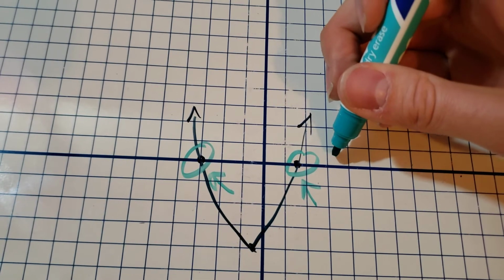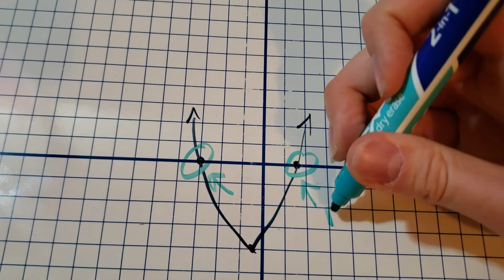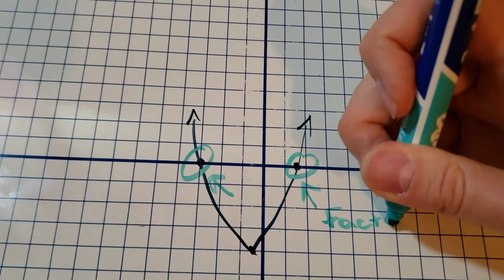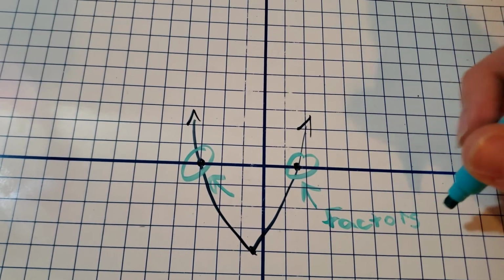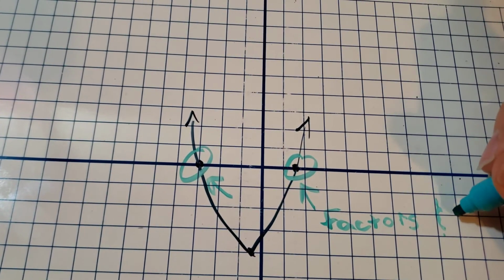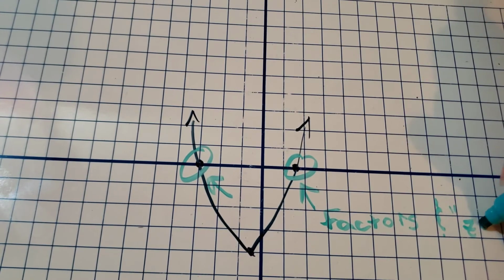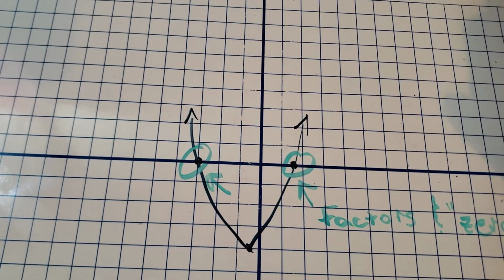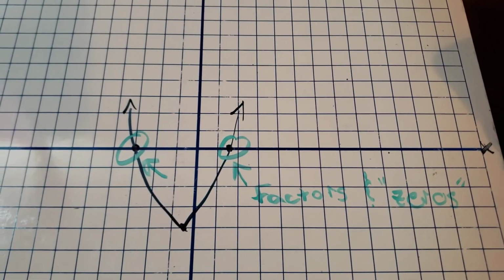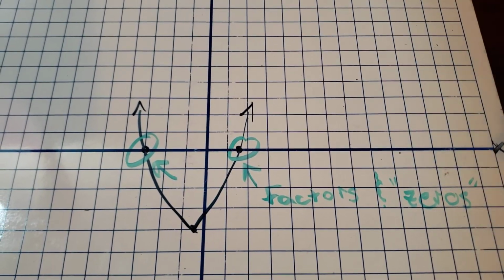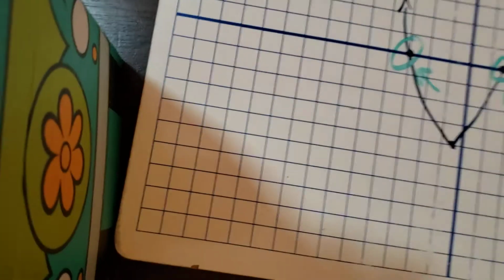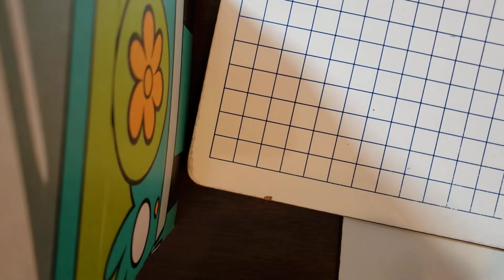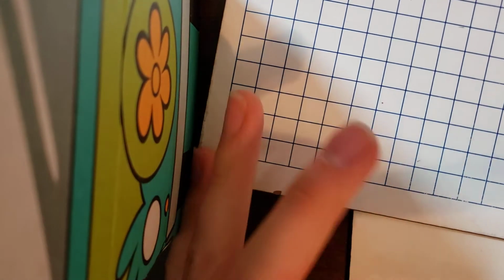These are what our factors and zeros are. I'm writing factors and zeros. This is the kind of stuff that they tell us. Okay, let me do an example for you real quick. Hold on, getting my pen out.